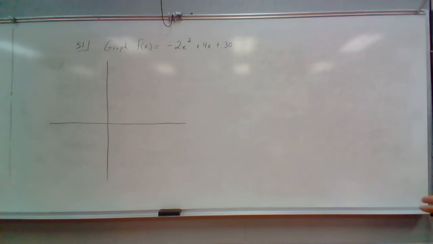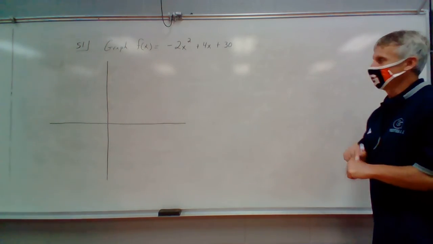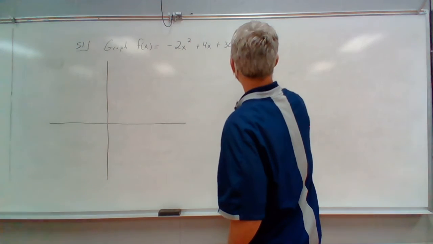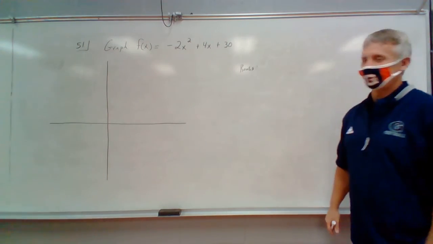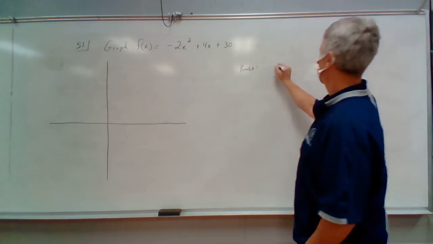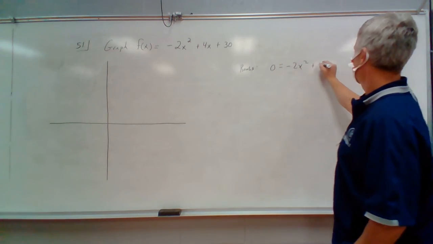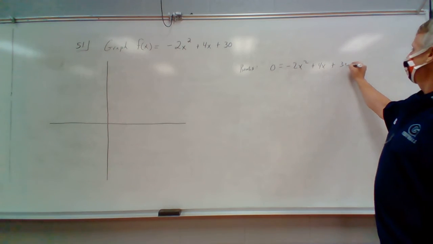All right, last question. Graph this quadratic function. All right, so let's have a look at it. Let's find the roots first. So to find the roots, of course, you just plug 0 in for f. We have 0 is equal to negative 2x squared plus 4x plus 30.